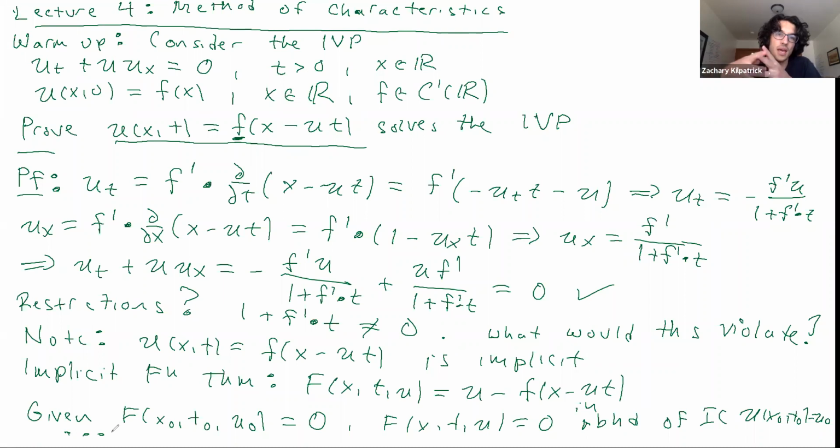Or another way of saying that is, this implicit solution legally defines a function that I can actually use. You can write down plenty of implicit functions that actually can't be solved, right? Just like you can write down polynomials that don't have any zeros, for instance, okay? So I need to make sure that the implicit function that I've written down can actually be inverted.